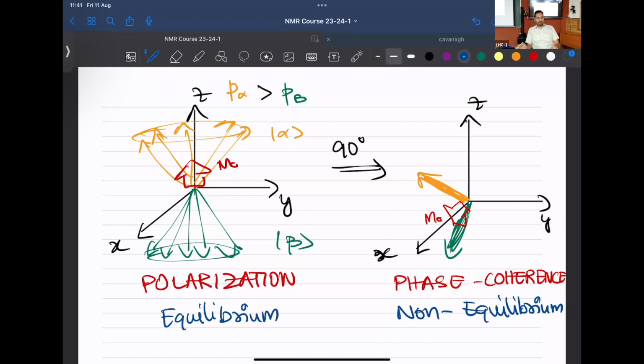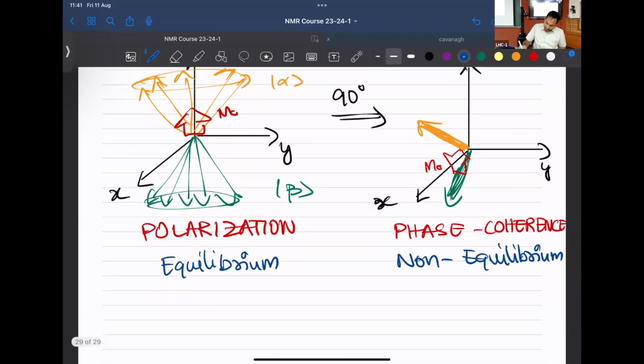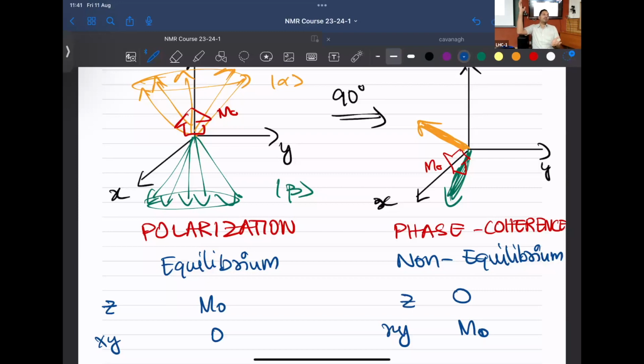Do you realize that we had taken things away? So let me write again. The Z component is going to be M0, and the XY component was 0. Here the Z component is 0 and the XY component is M0 for a 90-degree pulse. The magnitude will change if you apply a 30-degree pulse, where you won't change all of the populations to the XY plane. You change a little bit of it.